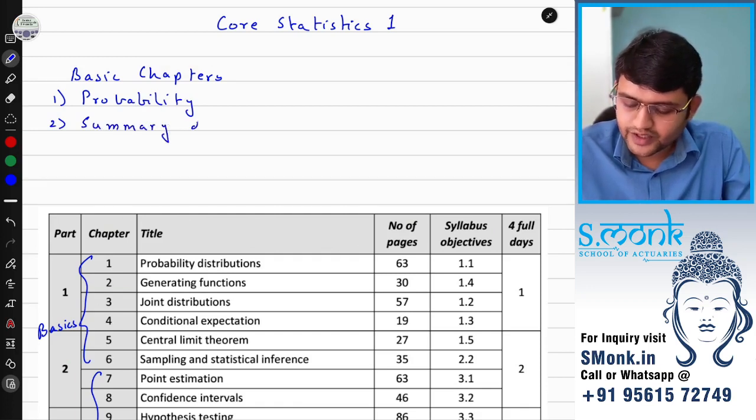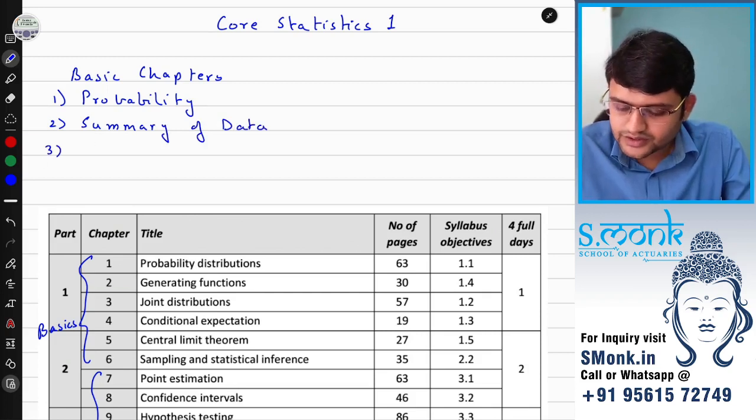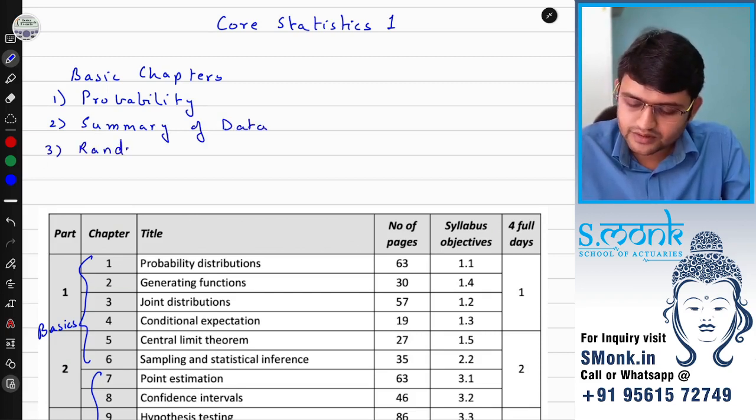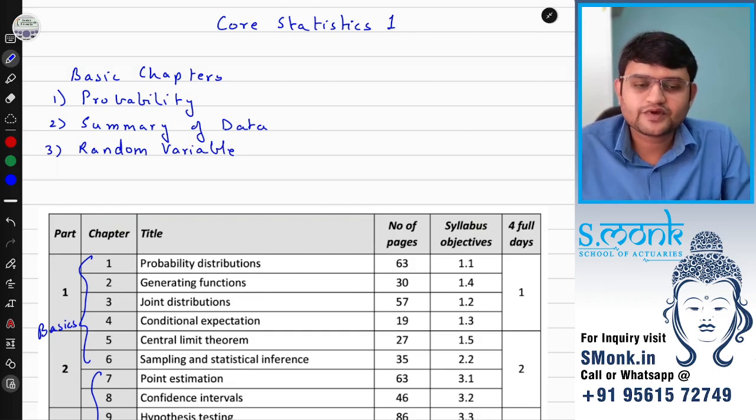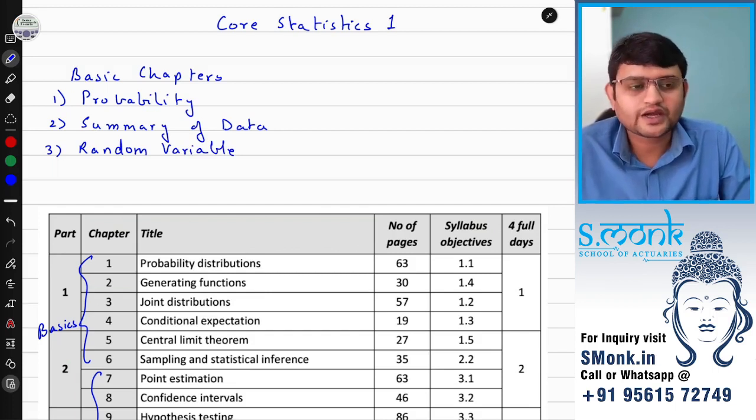Second, summary of data. And third is going to be random variable. These are the basic chapters that we are going to study before we start our actual course.